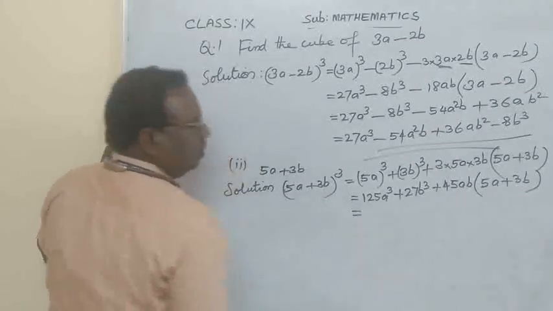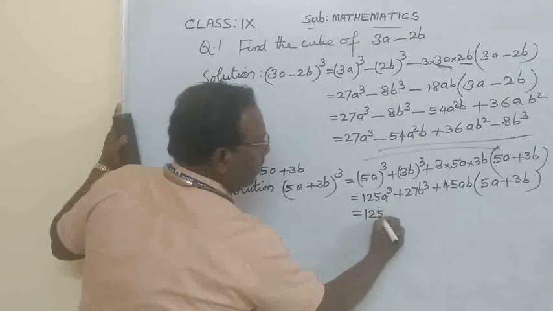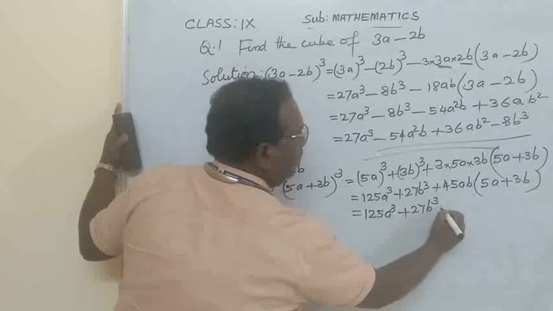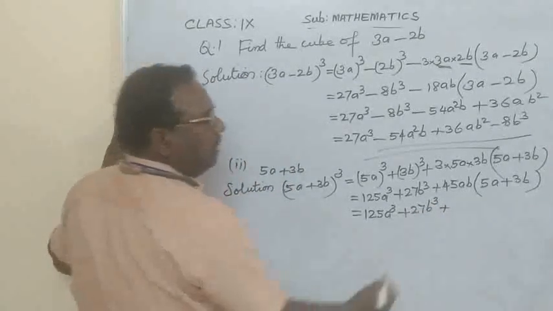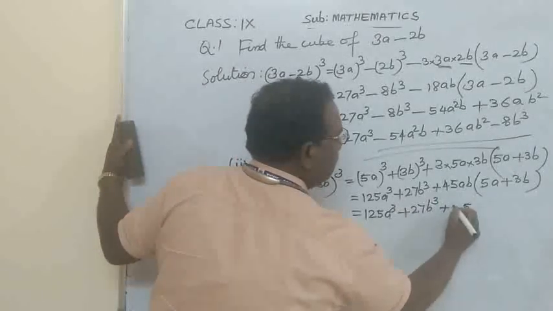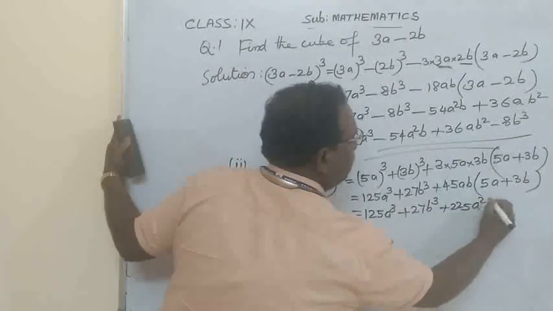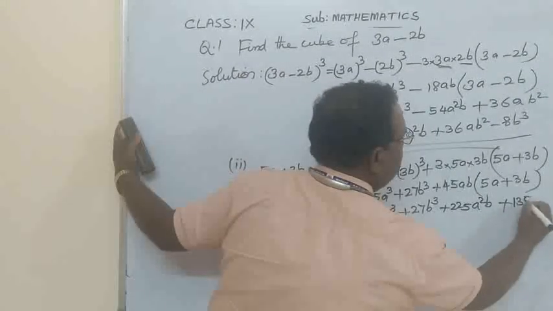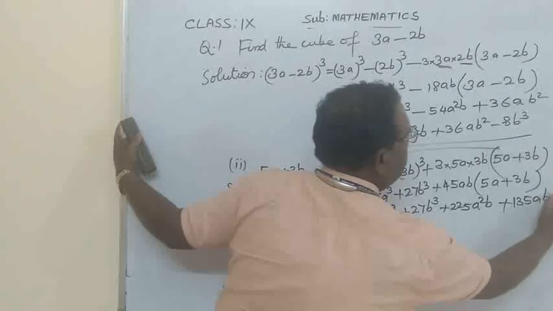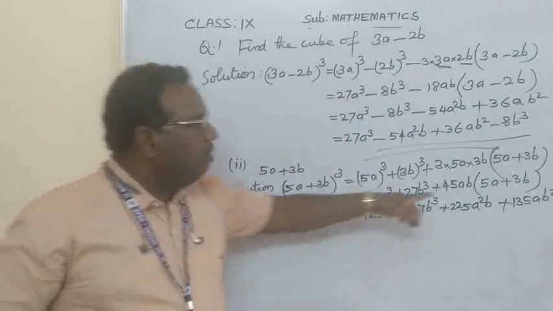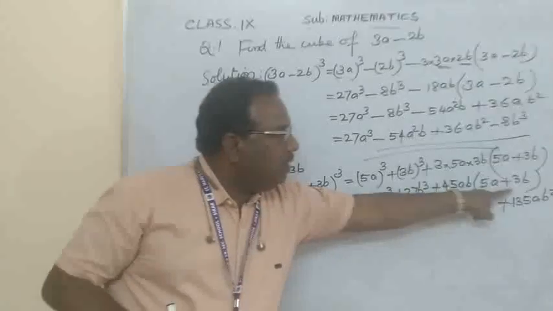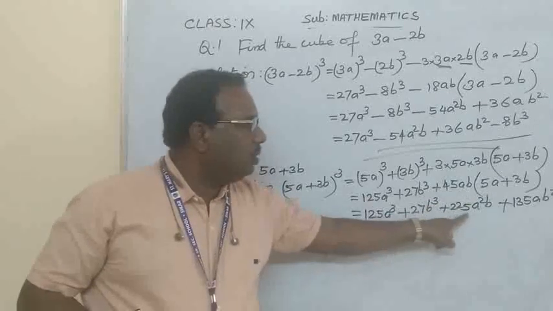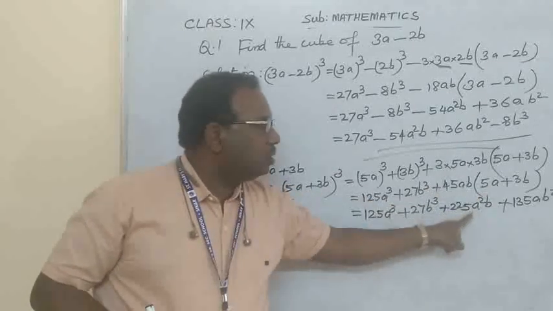Again, this is equal to 125 a cube plus 27 b cube plus 225 a square b plus 135 a b square. Here we remove the bracket multiplying each of these terms by 45ab. 45 into 5, 225, ab into a square b.